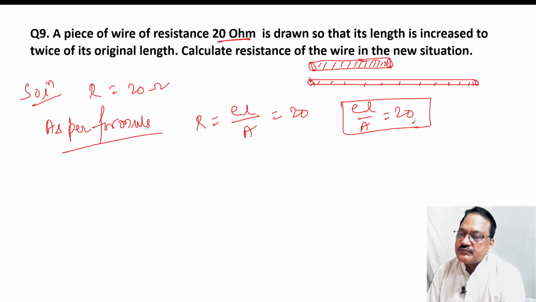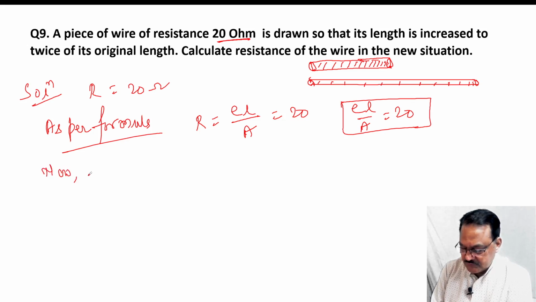Now the length has become twice and the cross sectional area has to become half.